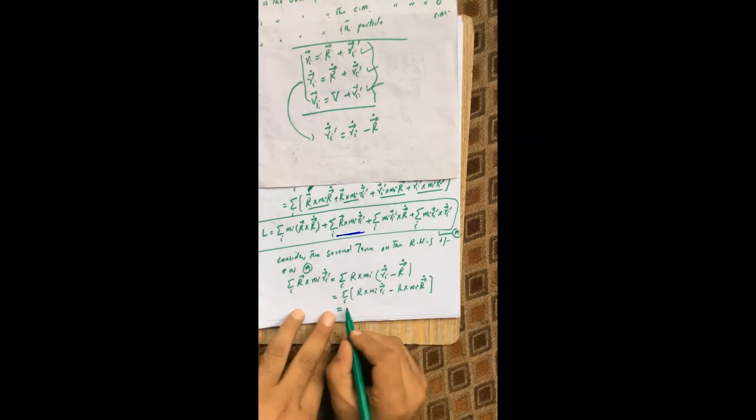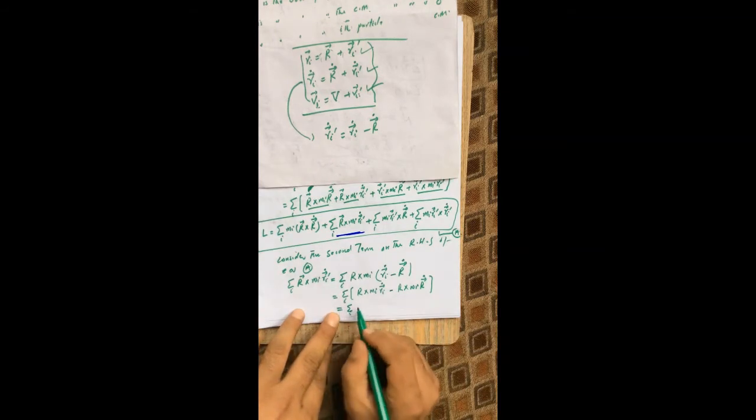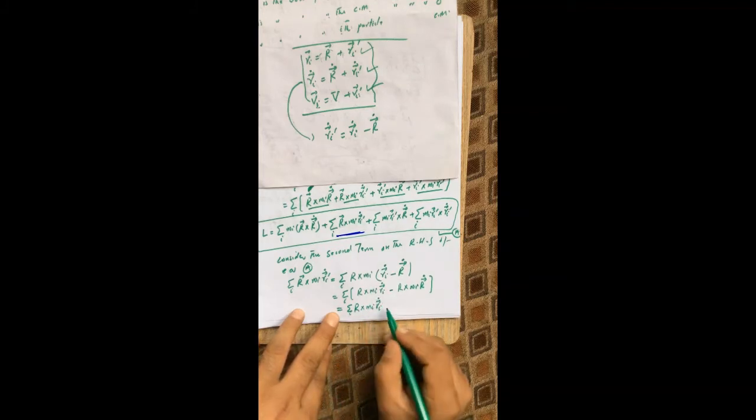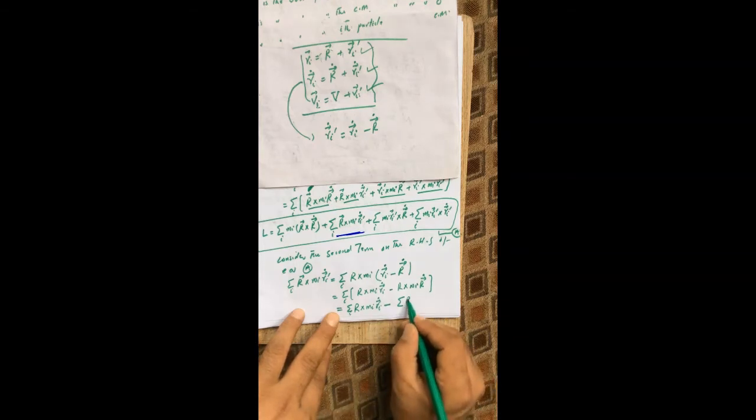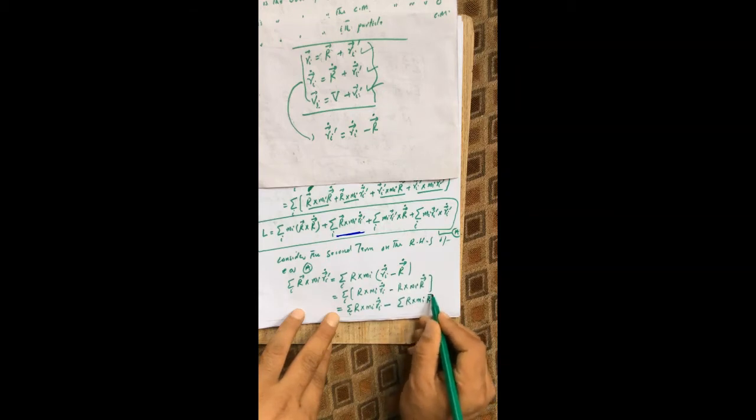Okay. Now I will apply the sum. So here we have this sum over I, we have this r cross mi ri dot, minus I have this sum, and we have r cross mi into r dot.